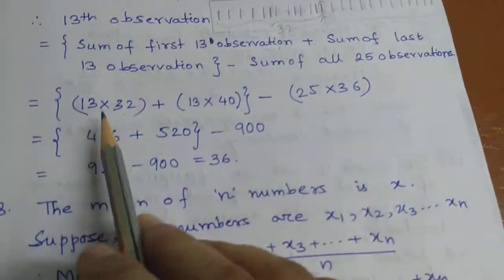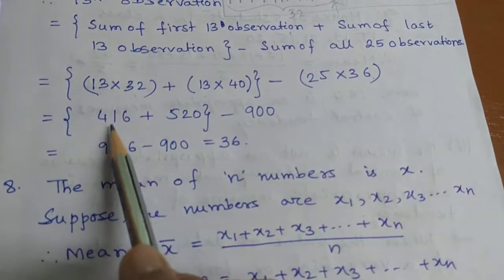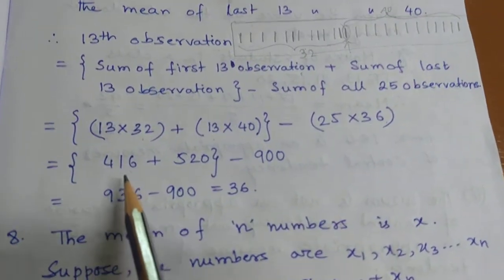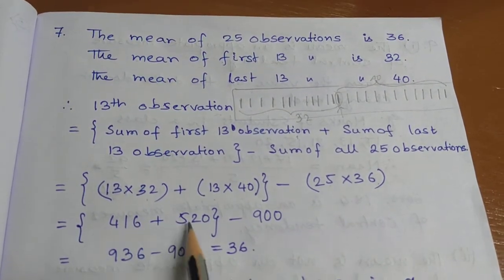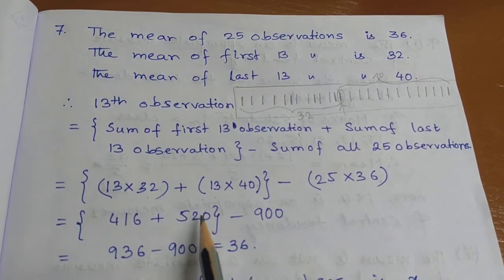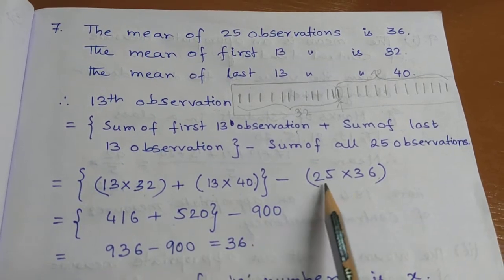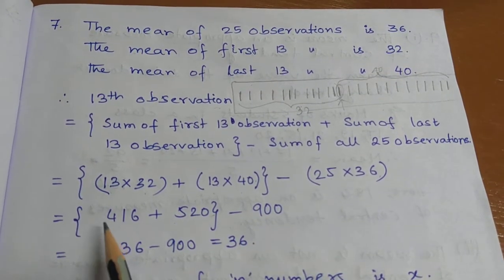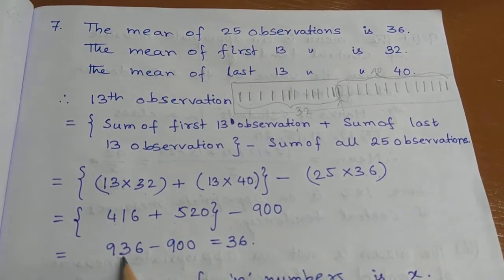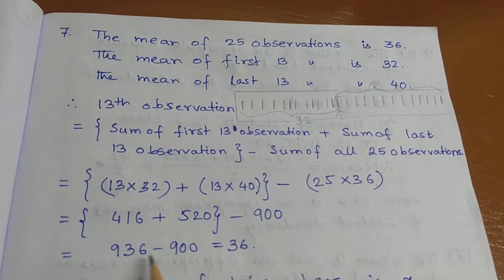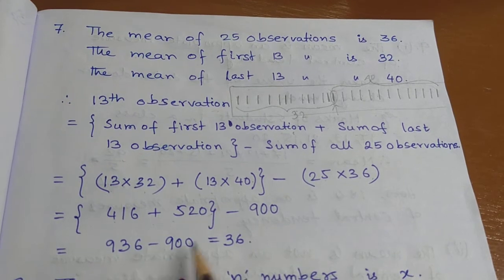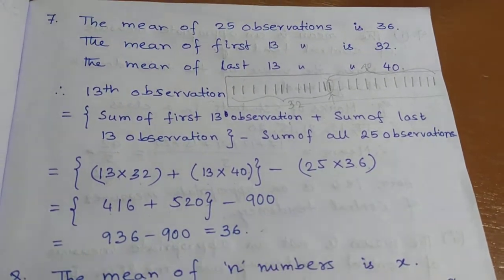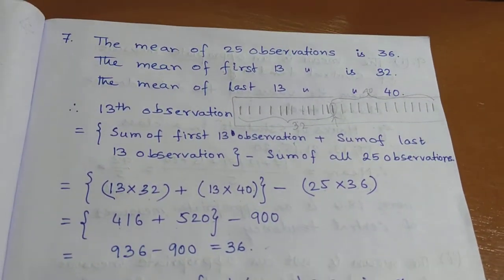Now the calculation: 13 into 32 is 416, plus 13 into 40 is 520, minus 25 into 36 is 900. 416 plus 520 is 936, minus 900 is 36. That means the 13th observation is 36.